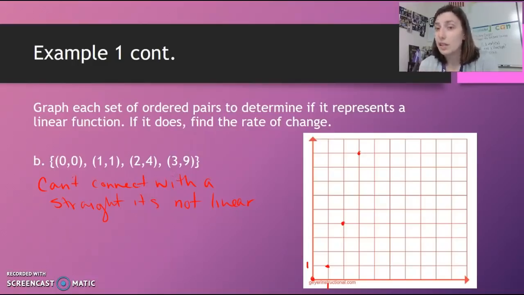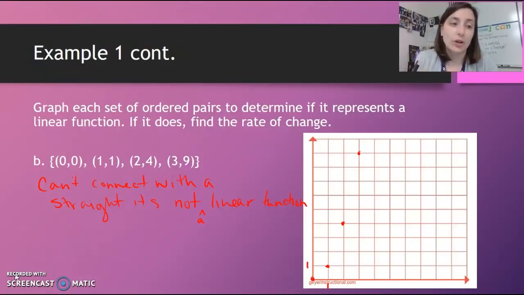It's just not a linear function, because it doesn't create a straight line. So that's the difference. We can be a function without being a linear function. A linear function means that we can draw a line through our points and connect all points on that line.